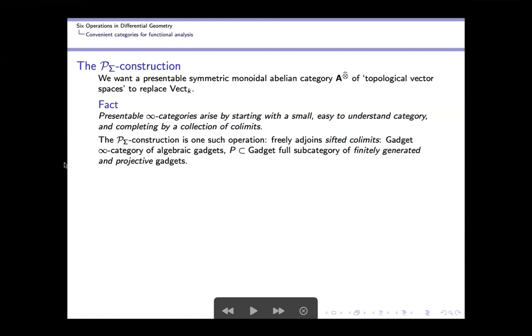Then the P sigma construction takes this very small class and produces the entire category of gadgets. The way this works is you take this class of finitely generated projective objects, and you take functors into the infinity category of spaces, or the category of sets, that preserve products.